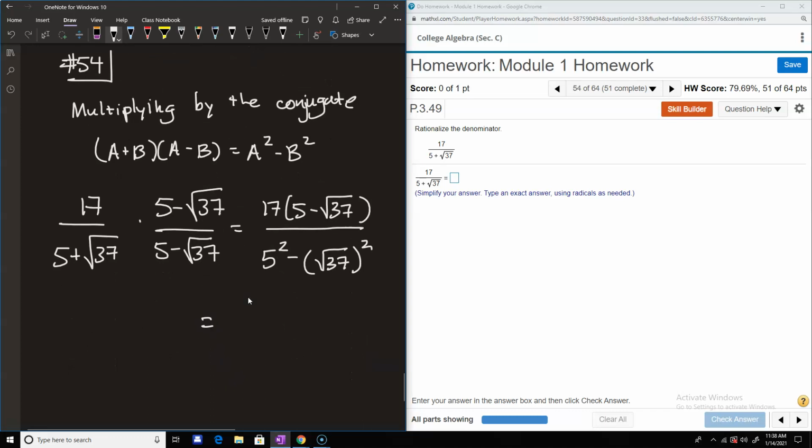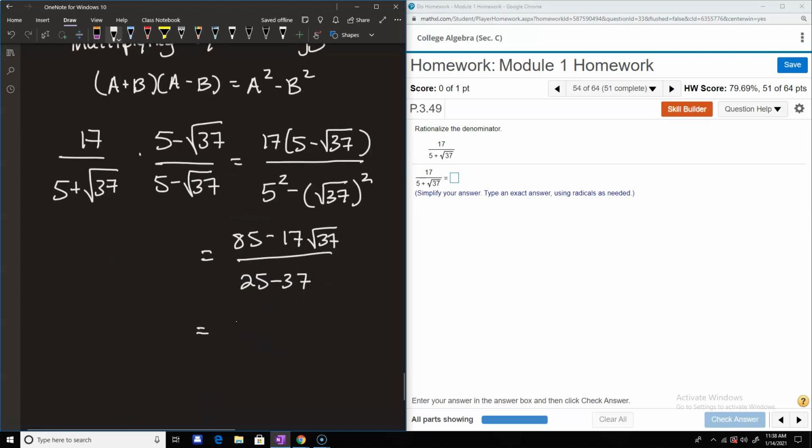So distributing the 17 on top, I'll end up with 85 minus 17 square root 37. And on bottom, I'll have 25 minus 37. So in fact, that will come out to negative 12 in the denominator. So I'm just going to leave the fraction like that. 85 minus 17 square root 37 over negative 12.